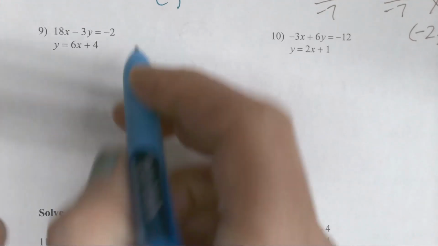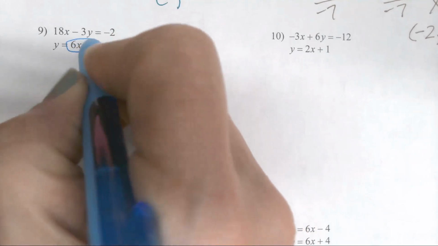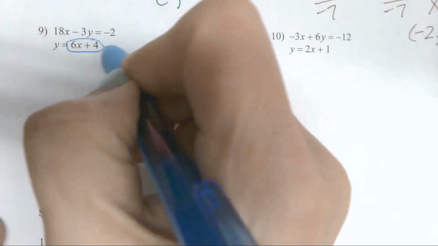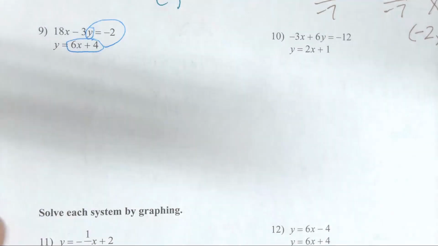What do I do with 6x plus 4? You bring the 4 to the y, and you 3y, right? I bring the 6x plus 4 in for that y in the negative 3y, yep.